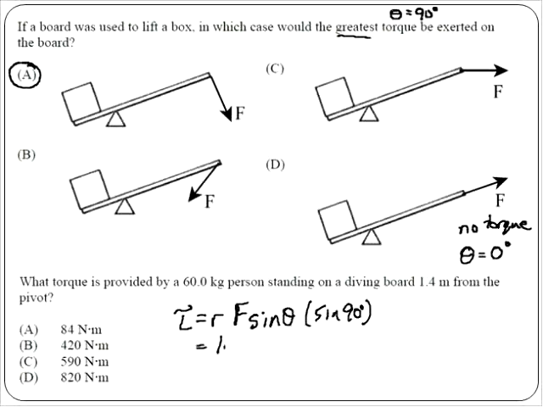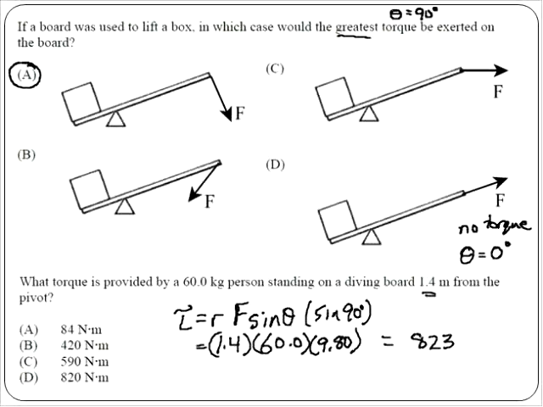So the distance is 1.4 because that's the distance from the pivot. Now the force here is actually the force of gravity. And remember, gravity is mass times 9.80. So if you do that calculation, you will get 823 Newton meters, but you're only allowed to have 2 sig figs because of this number right here, the 1.4 meters.